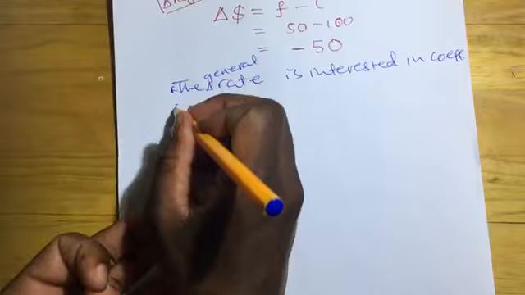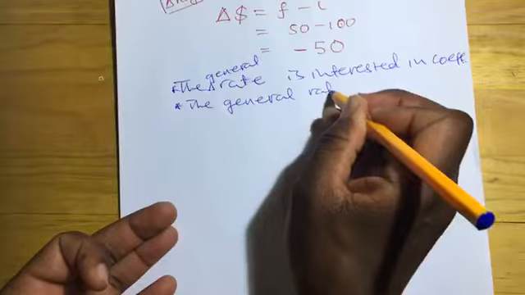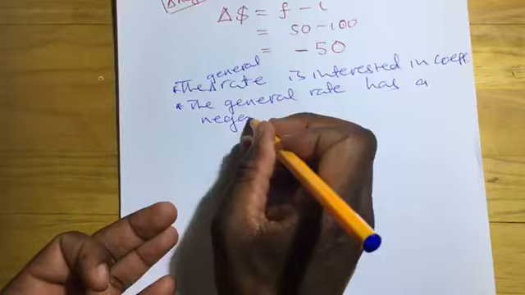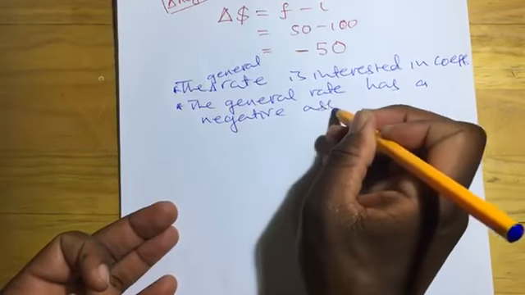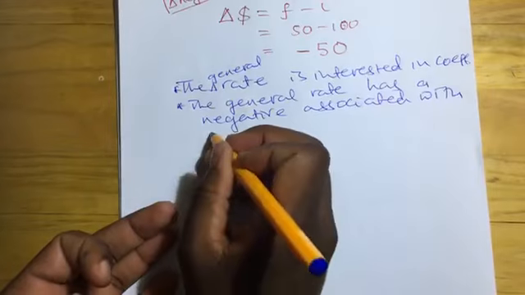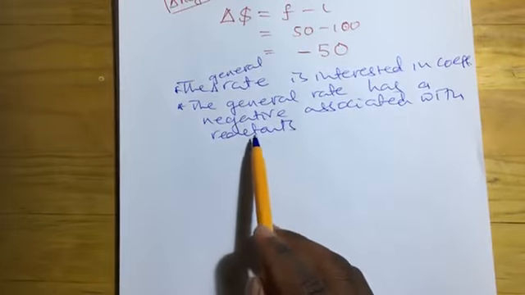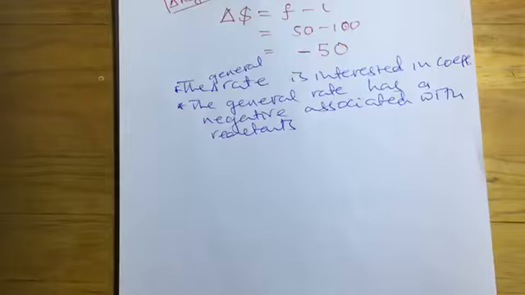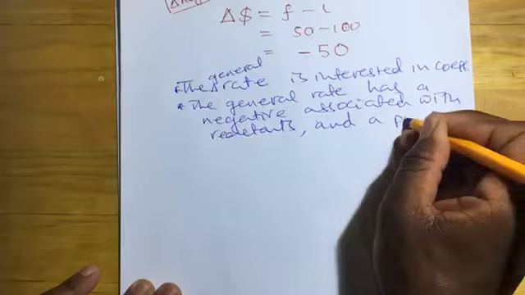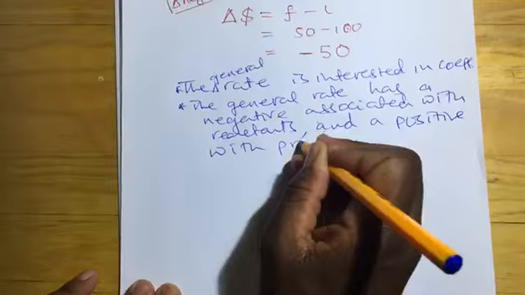Okay, next, the general rate has a negative associated with reactants. And if reactants are associated with a negative, then products are obviously associated with a positive. And a positive with products.